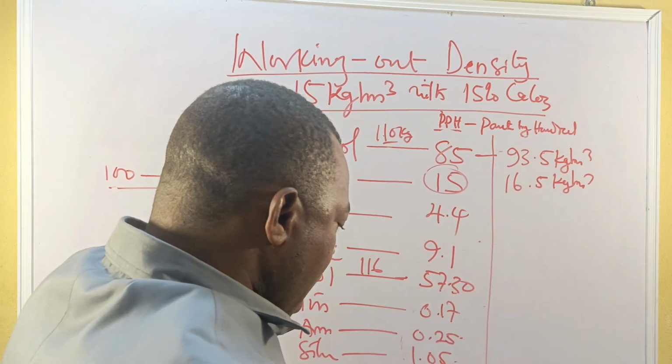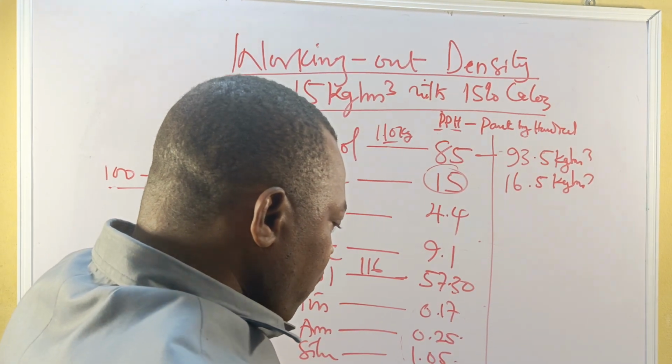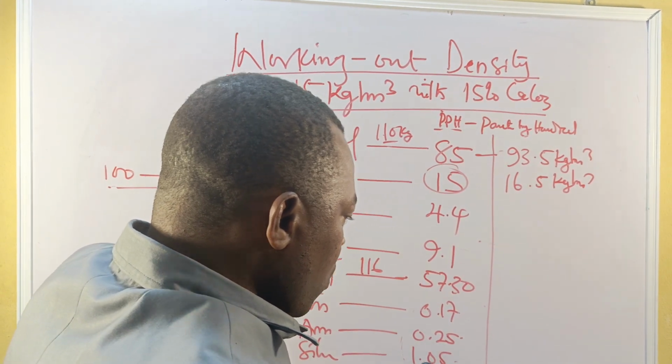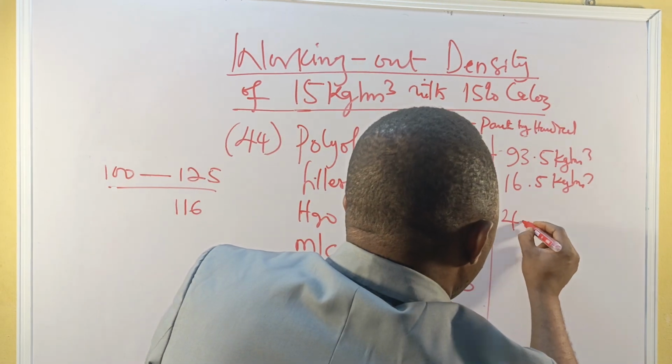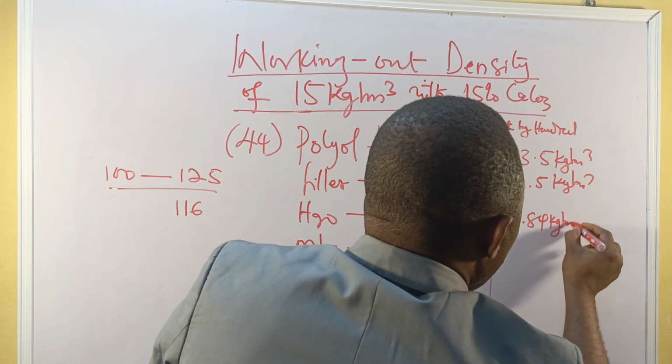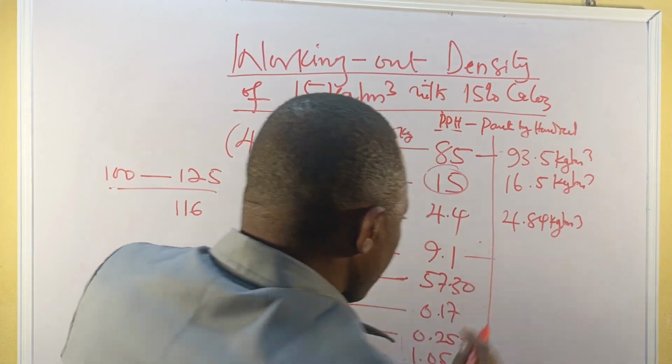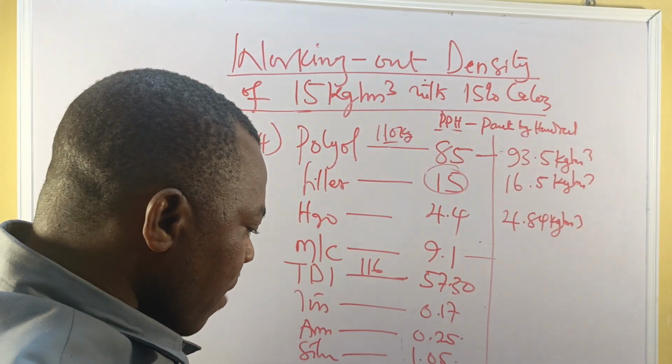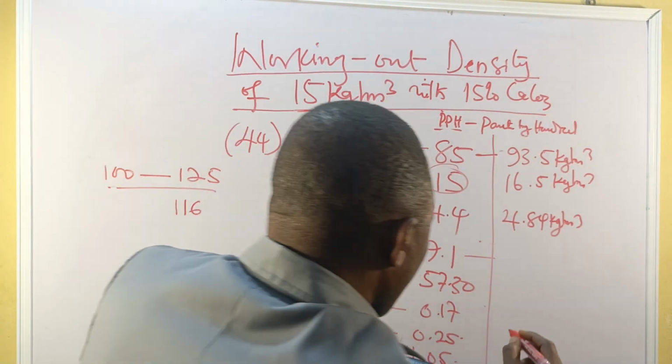Okay, let me do the water. 4.4 times 1.1. Water will give you 4.84 kg per minute. Then the MC, you have 1.1 times 9.1.